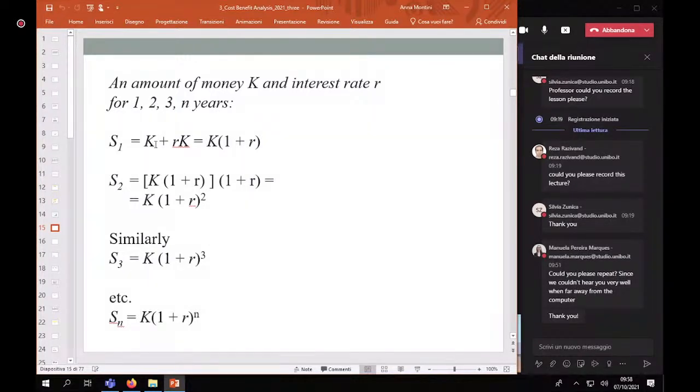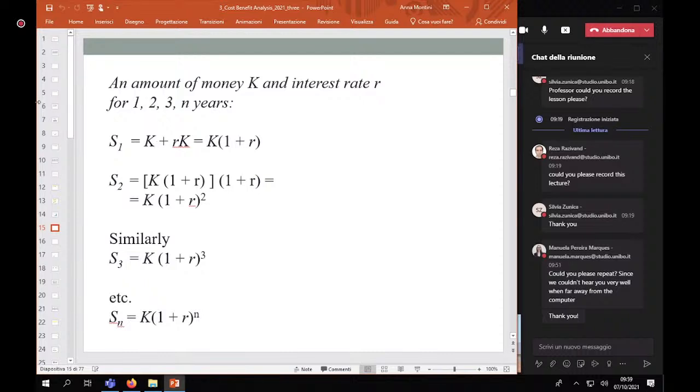For example, if you have an amount of money equal to 1,000 and an interest rate equal to 1%, you will receive at the end of the year 1,010. If you have an amount of money equal to 10,000 and an interest rate equal to 1%, you will receive at the end of the year 10,100. Okay?